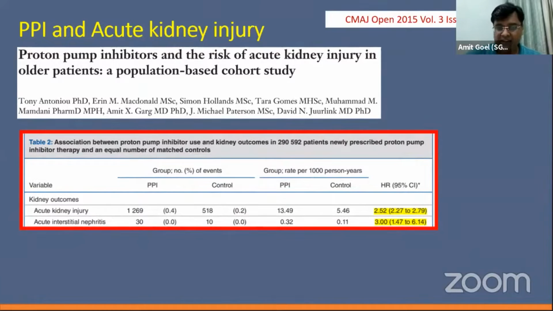And again, this study has supplemented the previous information that the risk of acute interstitial nephritis is higher as compared to non-users. So the 2 points we have cleared till now are that PPI increases the risk for acute interstitial nephritis and also the risk for acute kidney injury.